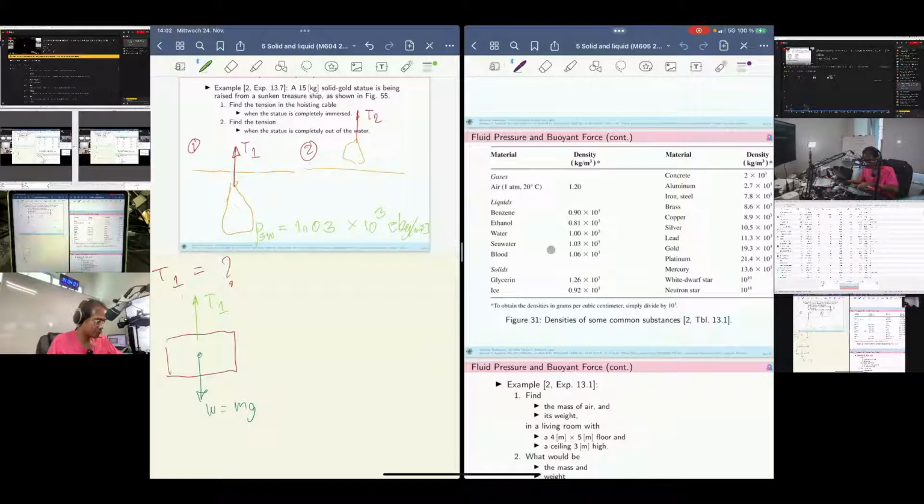Alright, what is that? Any of you who could help me? We don't know V statue. If we know V statue, we're gonna have T1 easily, right? So what should we do then?